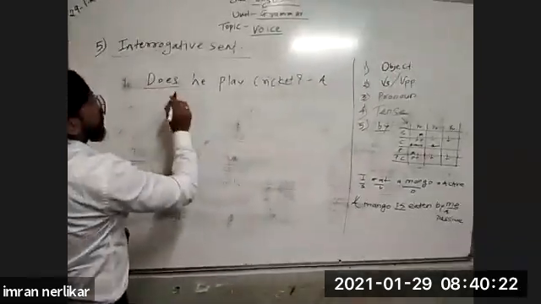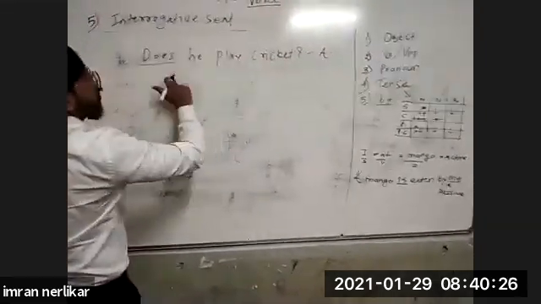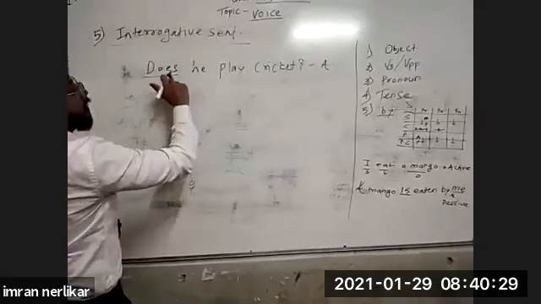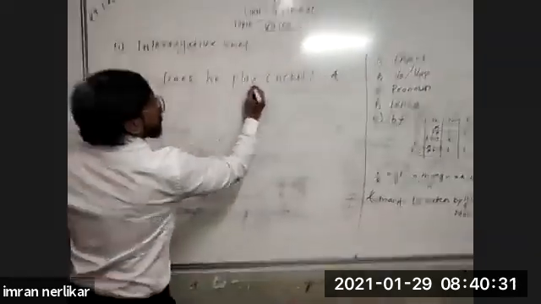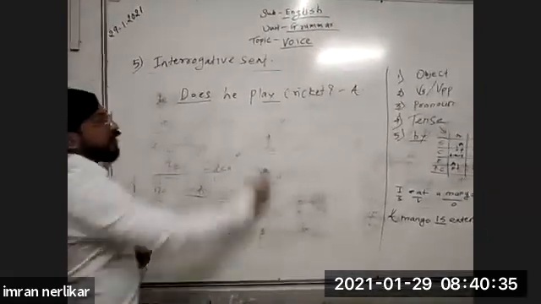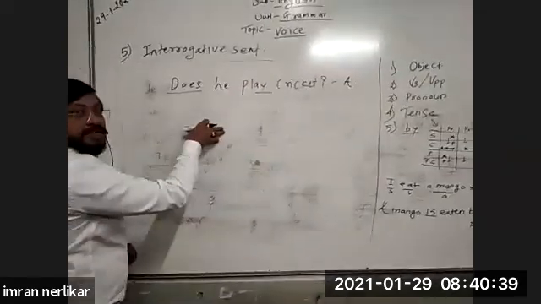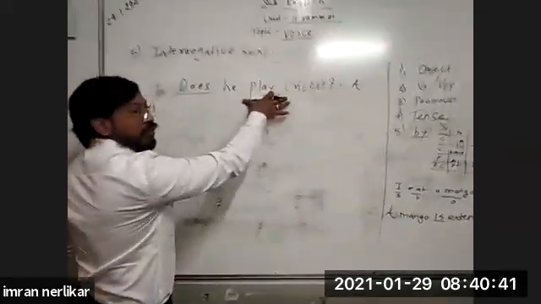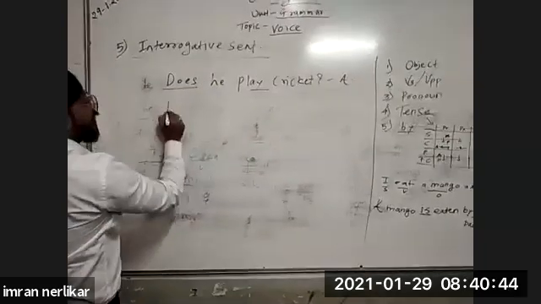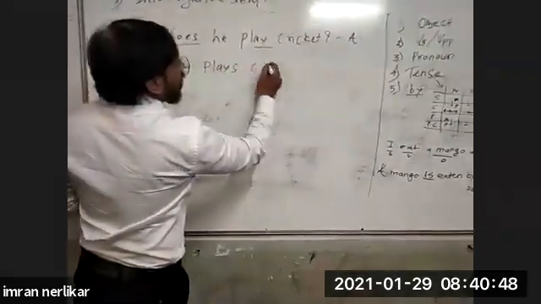Now see, because you have to make the sentence a question, and here does is used, the form plays is converted into play. If we will convert this question into a sentence, at that time it will become he plays cricket.